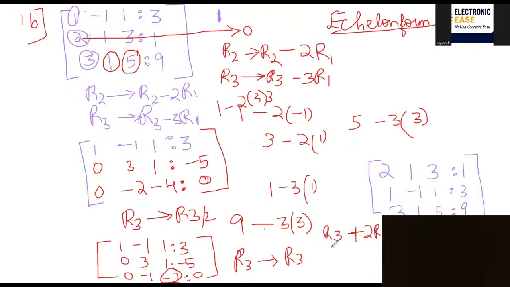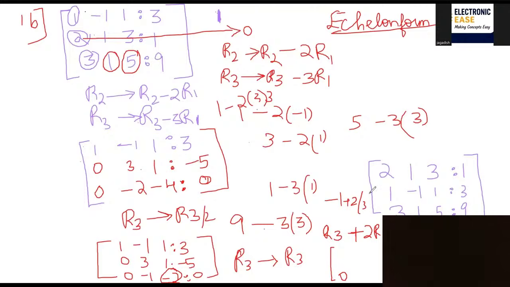So what will I be getting? Here, this element I will write 0. So this is what it will become. If I do R3 plus 2R2, R3 is minus 1, plus 2 into R2 value, which is 3.